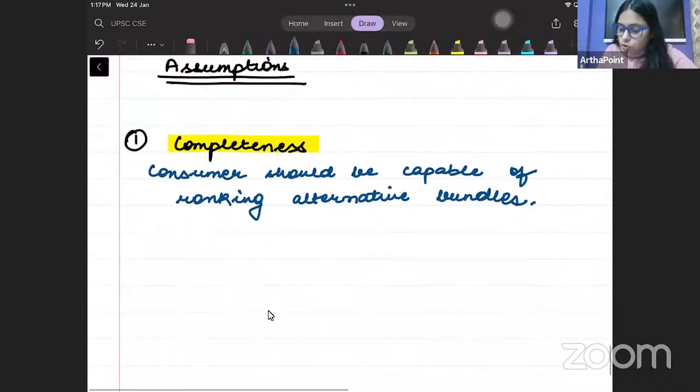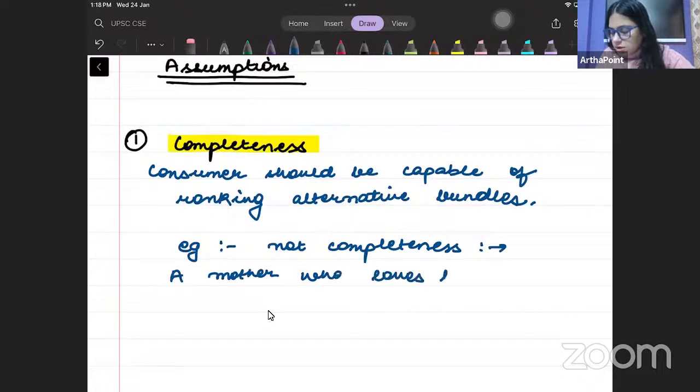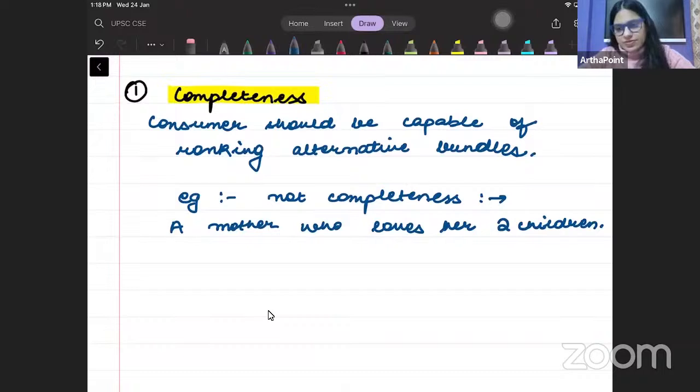But who will be indifferent? I mean, who will not have completeness? So not completeness. कहाँ पे completeness follow नहीं हो सकती? Example दो. A mother who loves her two children. A mother has two children, A and B. Can she tell whether she prefers A over B or B over A? She cannot, right?